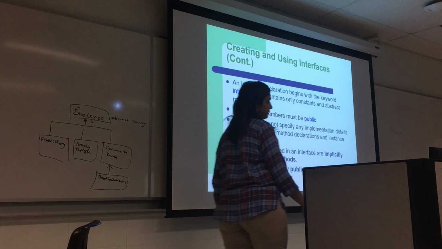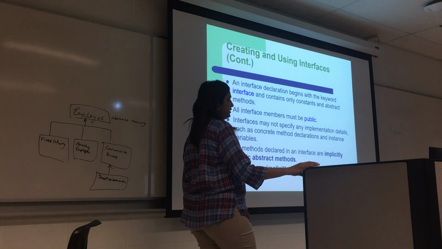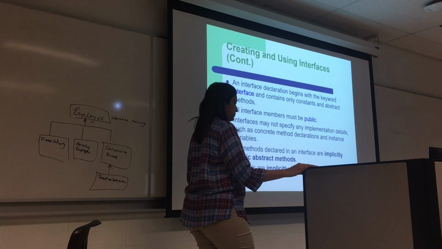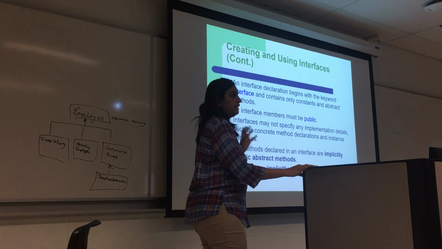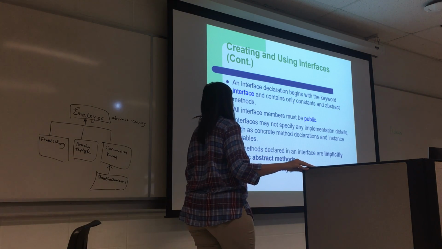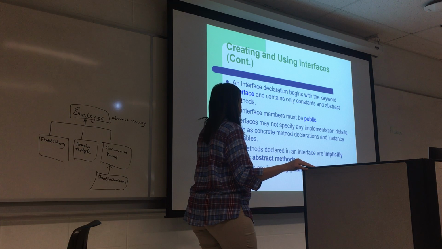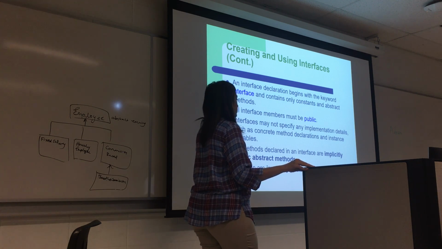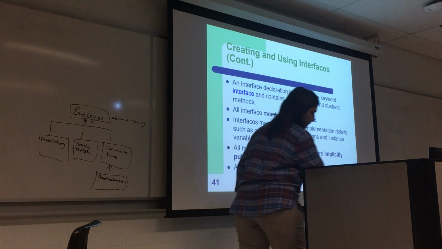And all methods declared in an interface are implicitly public abstract methods. So even though you don't mention any abstract keyword, it is by default understood that it is a public, abstract method, and every field is implicitly public, static, and final. Okay?